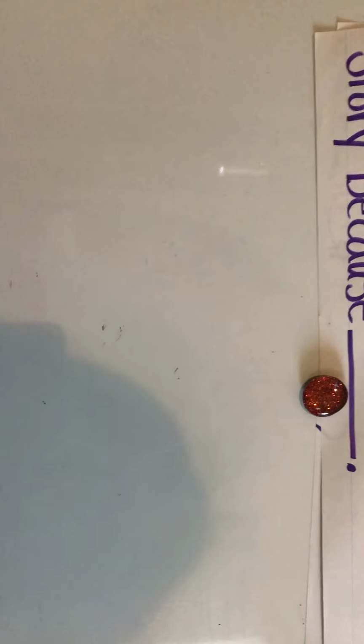So then down here you would continue, well, on their paper they would continue from their sentence. I'm coming down here to my board, okay? And I'm gonna try to write and hold this at the same time. This story reminded me of my friends.